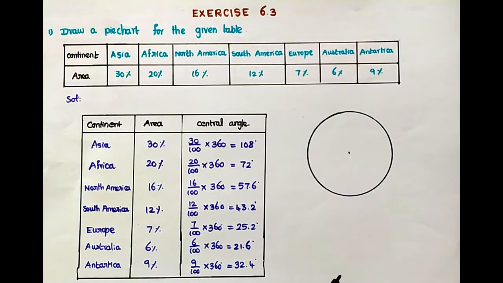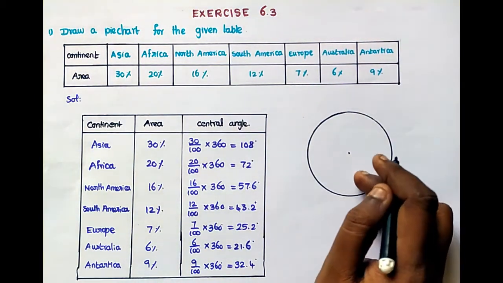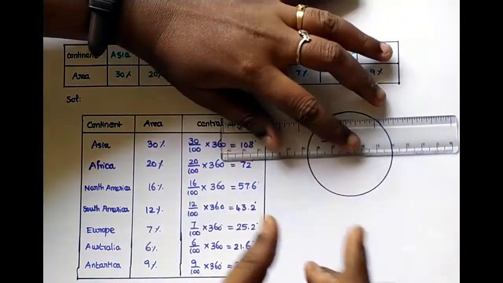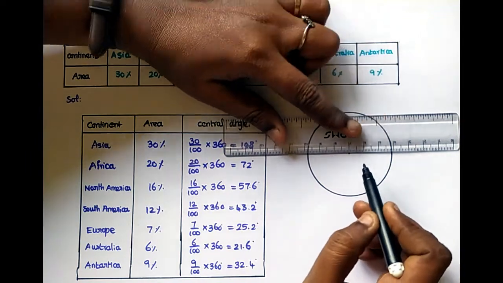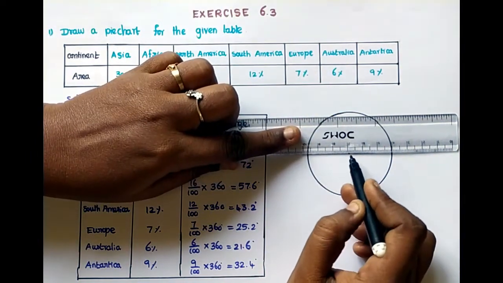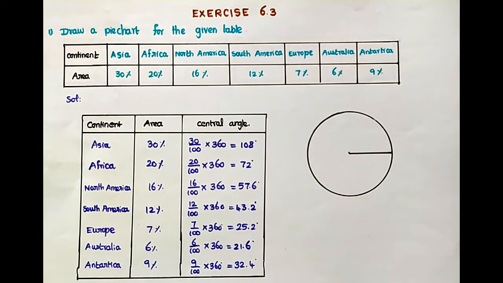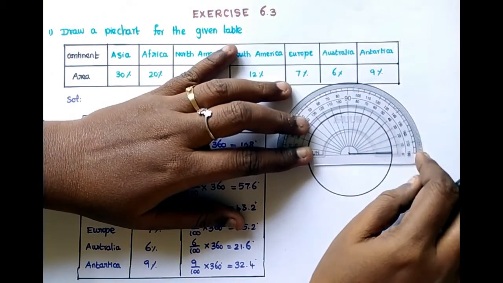Now we have to draw the pie chart. First draw the circle and then draw a line anywhere, draw a radius. From that we have to measure 108 degree.